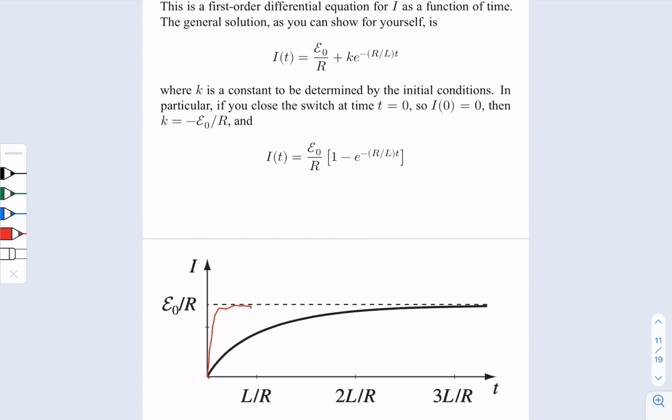However, if somehow L is large or R is small, then it will take a long time to reach the desired current. Say now we have a superconductor, which means that R is equal to 0.